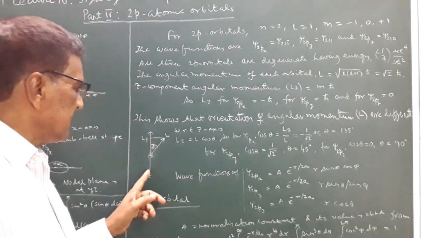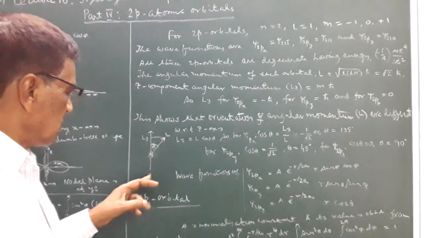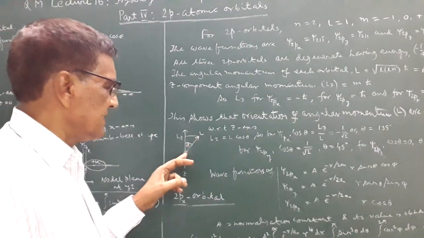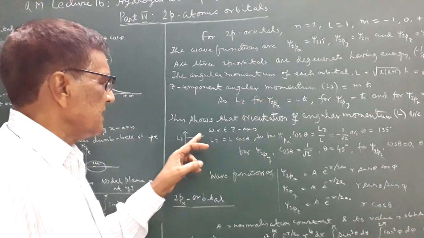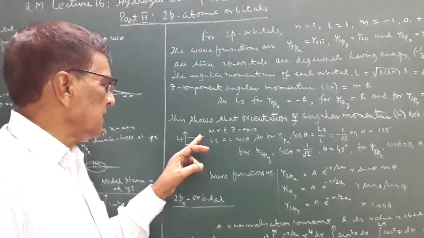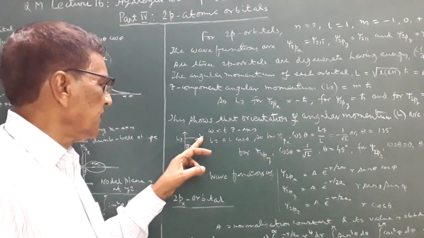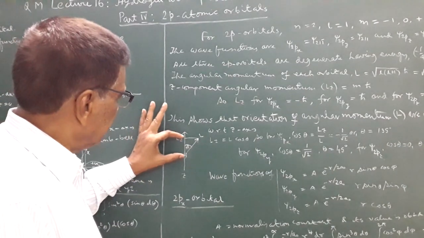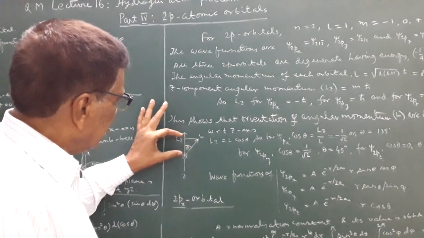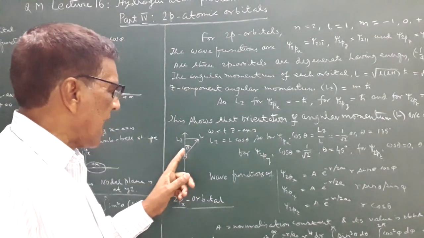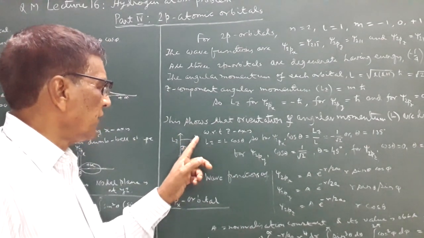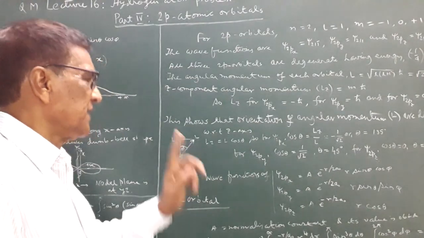Suppose this is the z axis, and here lies the nucleus at the origin, and this one is L, the angular momentum vector, and this one is the z component of L, and theta is the angle between the angular momentum vector and the z axis.